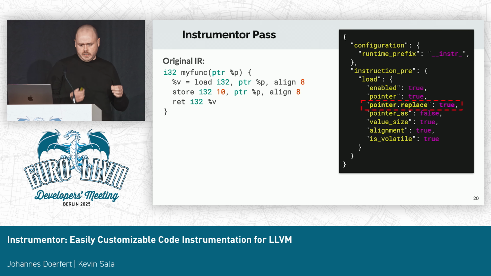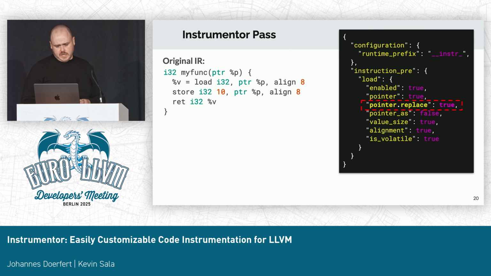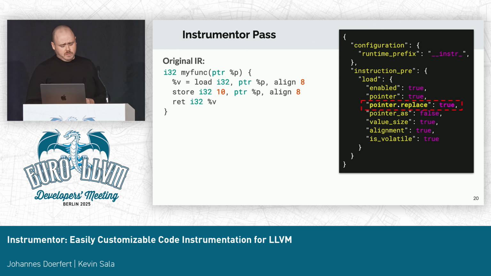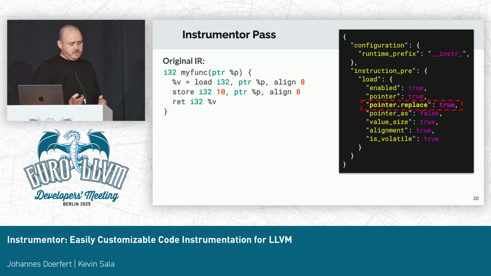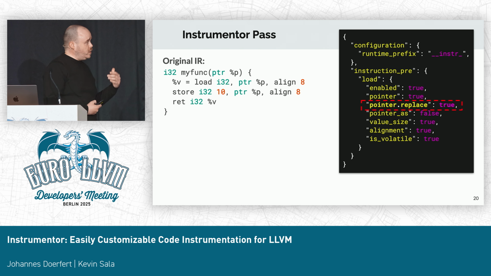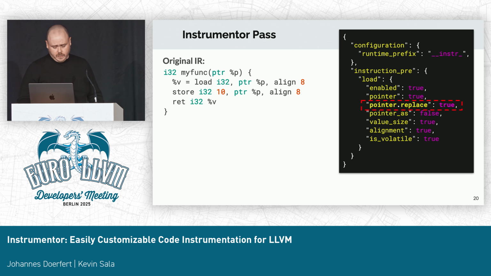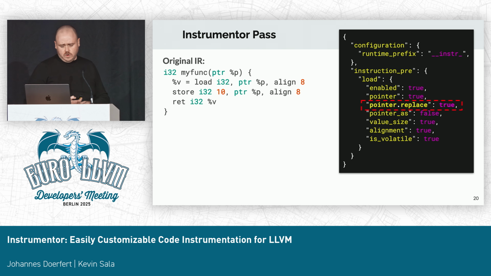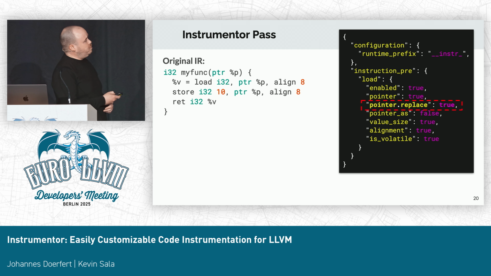Then there are some other interesting features. Let's say that your instrumentation tool wants to replace some of the operands of the instruction that you are instrumenting. For instance, we want to change the pointer operand of the load that we are instrumenting. So you have to specify here in the pointer.replace a true.